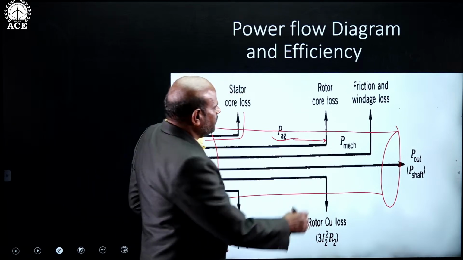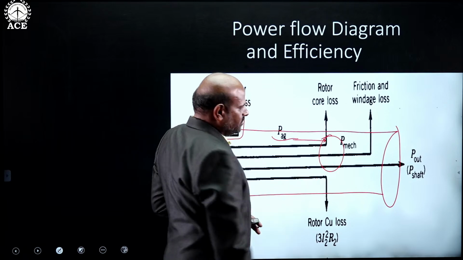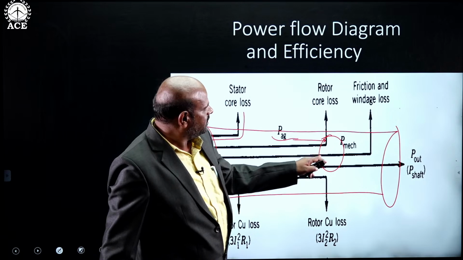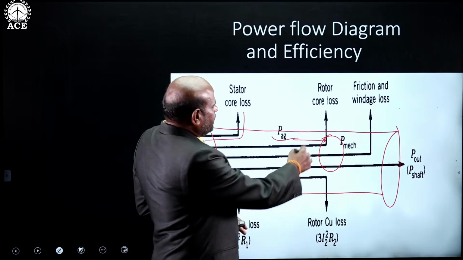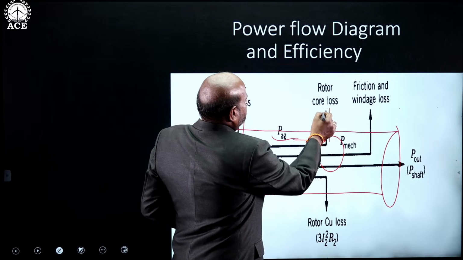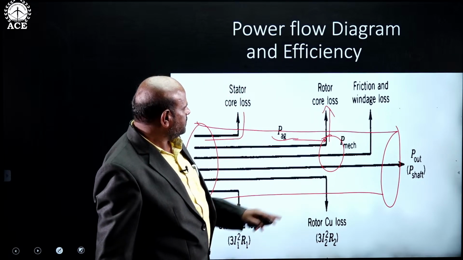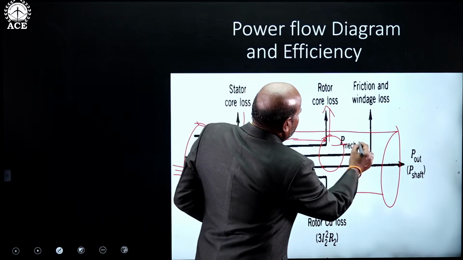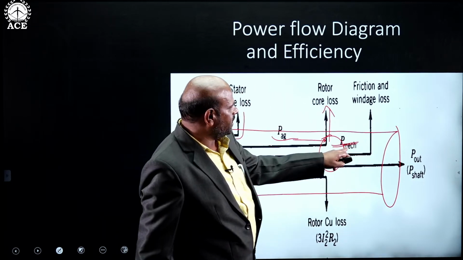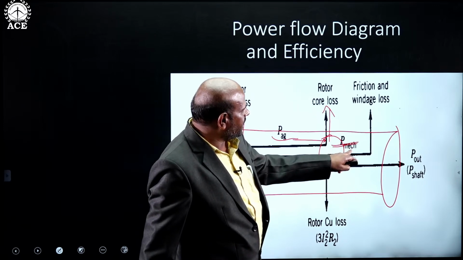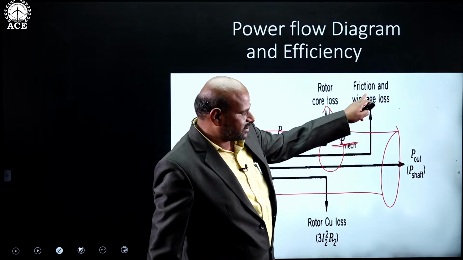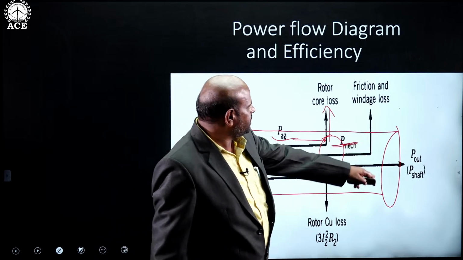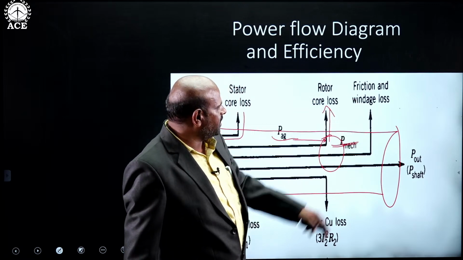So in the rotor there will be rotor windings, three-phase rotor windings, and what is the loss occurring in the three-phase windings? I square R, that is 3 into I square R, that is known as copper loss. These are the rotor copper losses. Rotor input minus rotor copper loss is nothing but mechanical output power. This is the mechanical power, and after getting mechanical power, if there are any losses, that is nothing but friction and windage loss. Whenever there is rotation, there will be friction and windage.